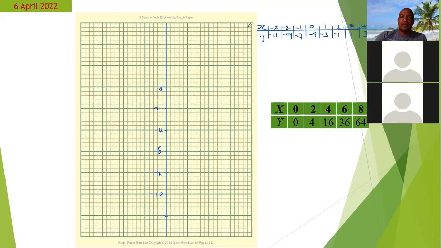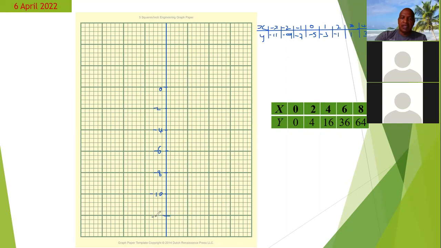What you have to be careful with now is your scale. Once you're drawing or calculating your scale, you should be able to accommodate all your values. If you're not able to, that means you need to change your scale.